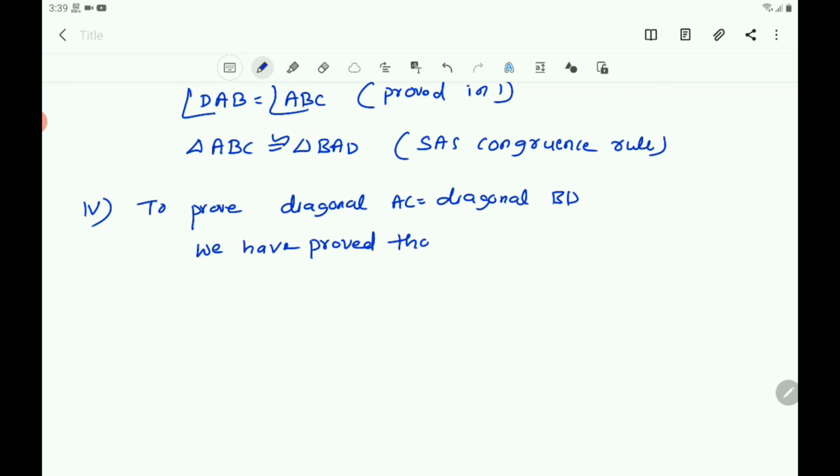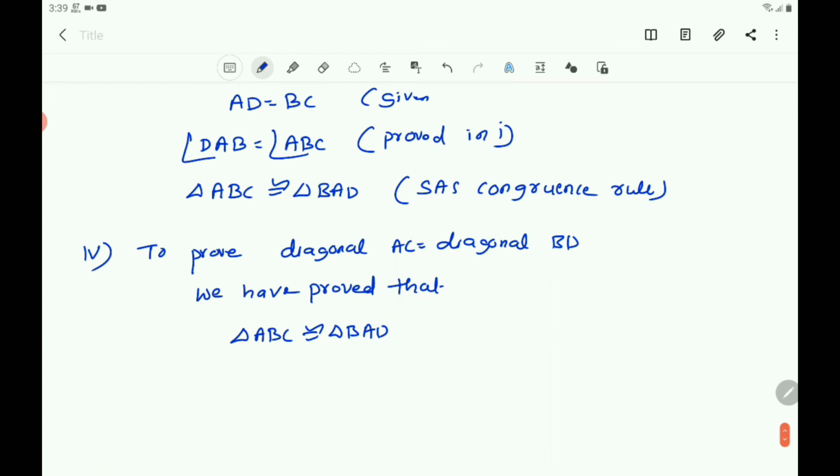We have proved that triangle ABC is congruent to triangle BAD.